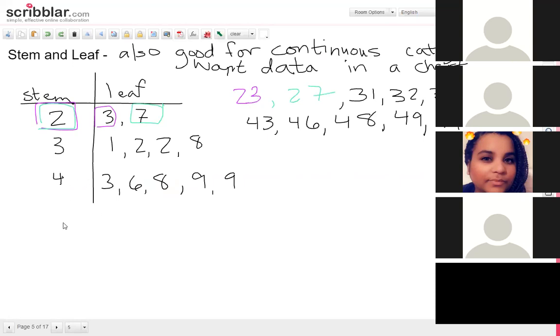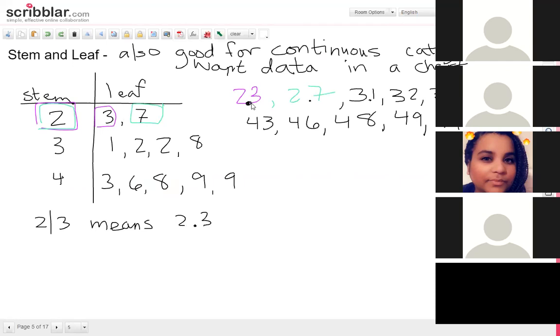They can change it up a little bit. Sometimes they'll put some information down at the bottom. They'll say something like 2/3 means 2.3. So instead of 2, 3 combining together to be 23, if they write that extra information at the bottom, that means we're doing the decimal 2.3.